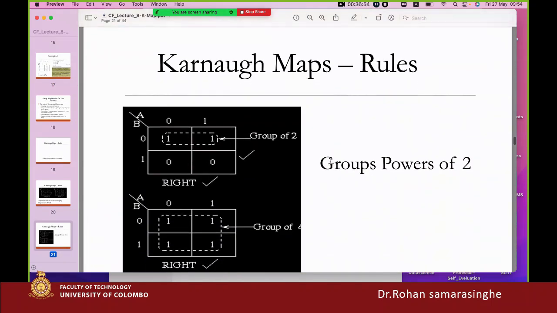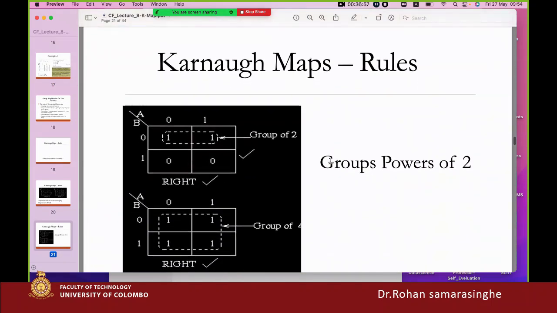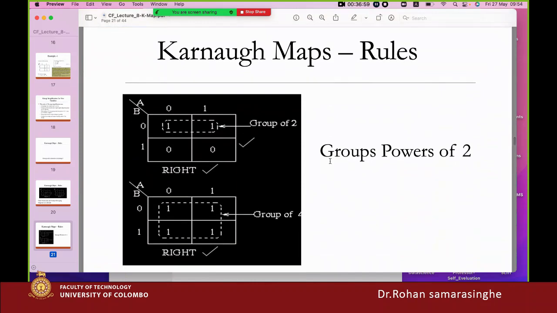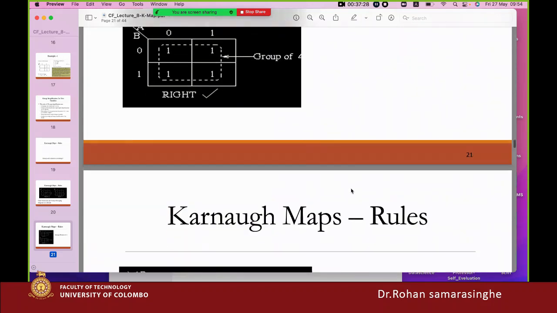The third rule is that a group is always a power of 2. That is 2 to the power 0, a group with 1 one; 2 to the power 1 is 2, a group with 2 ones; 2 to the power 2 is 4, and 2 to the power 3 is 8. Always powers of 2.